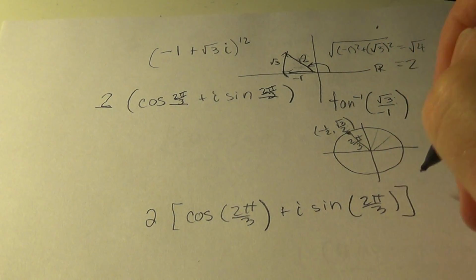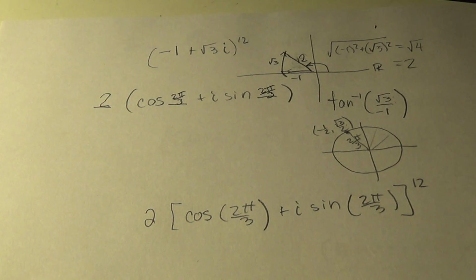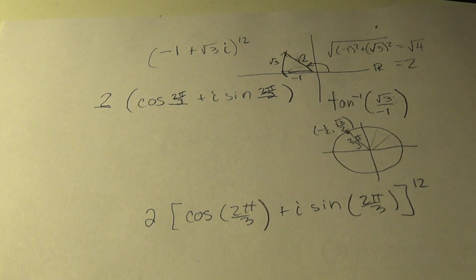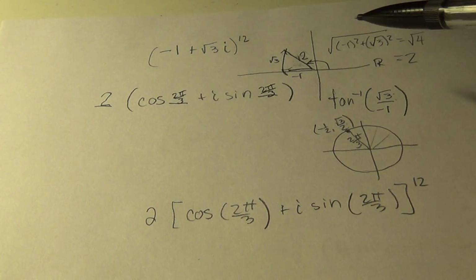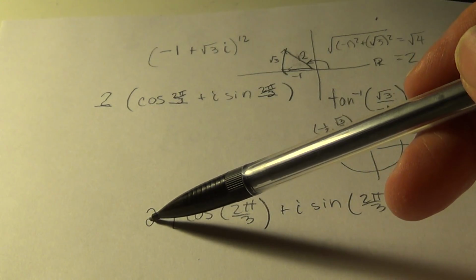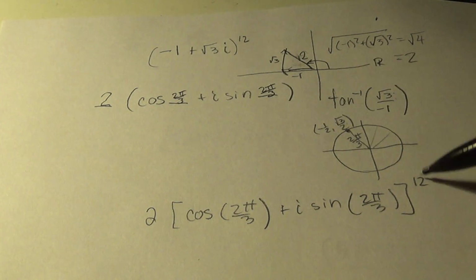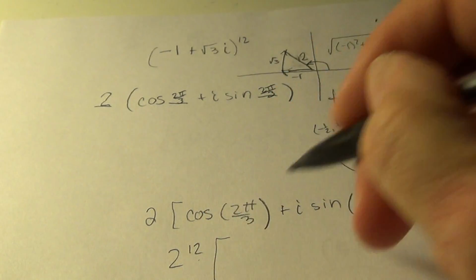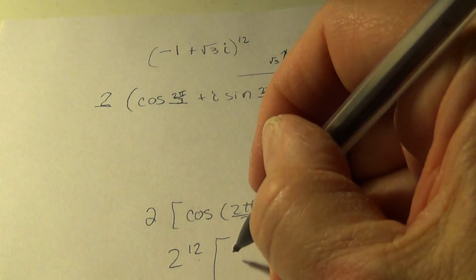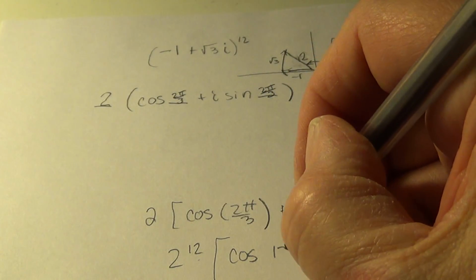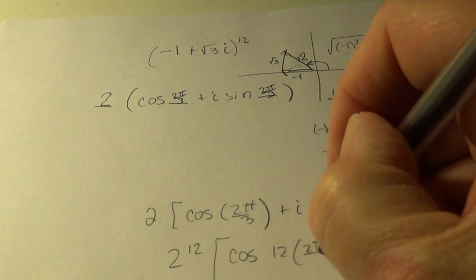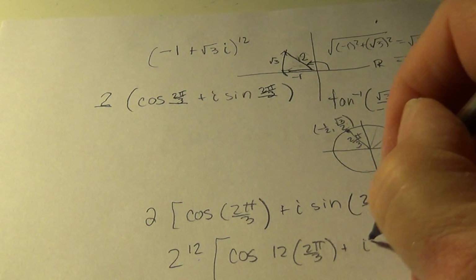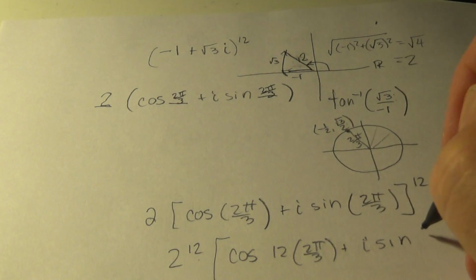We're going to raise that to the 12th, and with de Moivre's theorem, it is easy peasy. Notice that you take the magnitude and raise it to the 12th, and then you multiply the angle. 12 times 2 pi over 3, and the same in the i imaginary part.